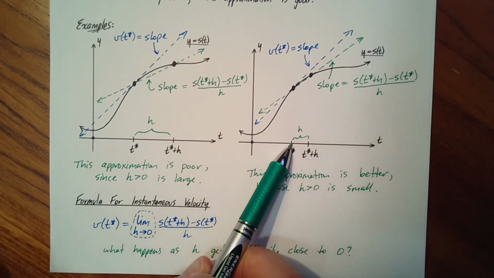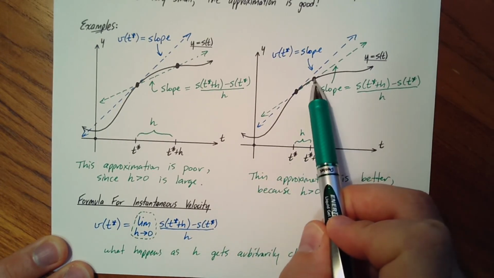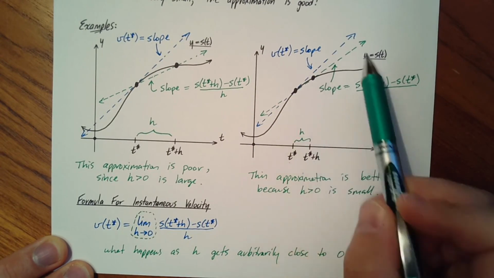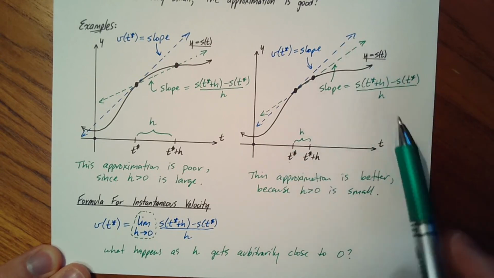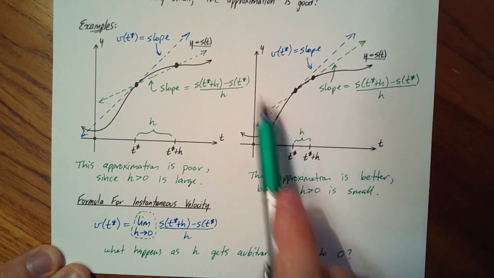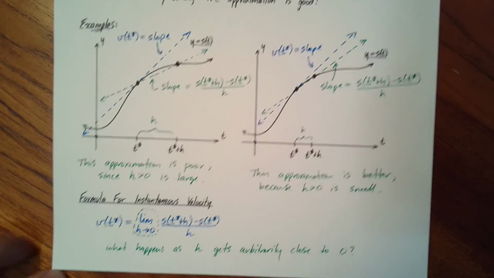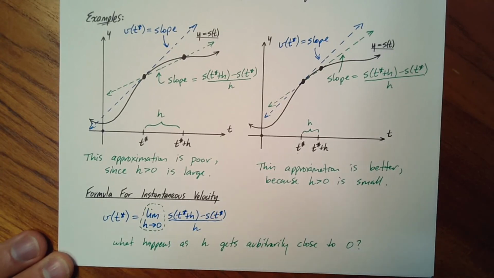Like you're vacuuming up some dust. And that would have the same effect as taking this point up here and pulling it in really tight and close to this point. And just imagine what would happen to the green line if you did that. It would become indistinguishable from the blue line. So the slope of the green line, which is down here, would become indistinguishable from the slope of the tangent line. That's the idea. Okay, but if we can come up with a good definition for what this notation means, if we can make it do what I just claimed it did, then we'd be in business and we would have the slope of the tangent line. So that's the technique, and this is the formula that we use.